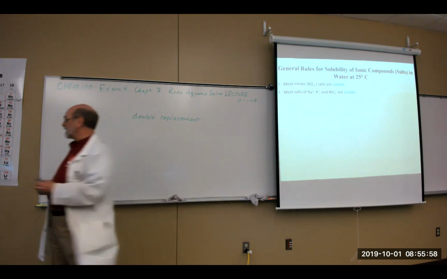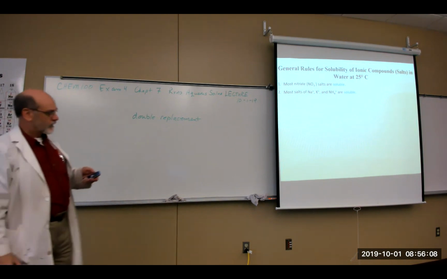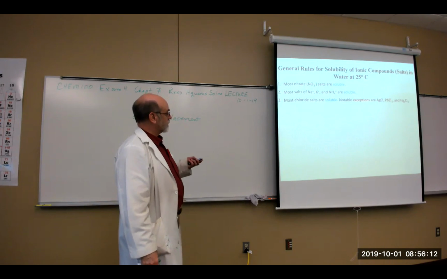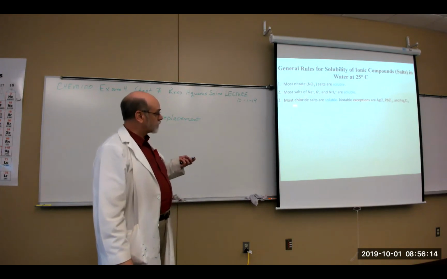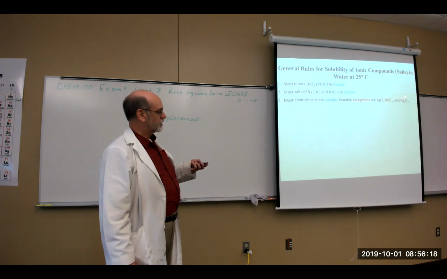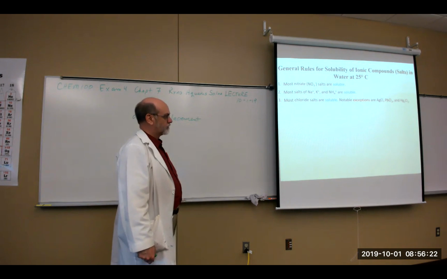Sodium and potassium means these guys right here. In fact, most alkali metals compounds are soluble. But there are exceptions. And we get to the exceptions down here. Right? Most chlorides are soluble, except for silver, lead, and mercury 1.